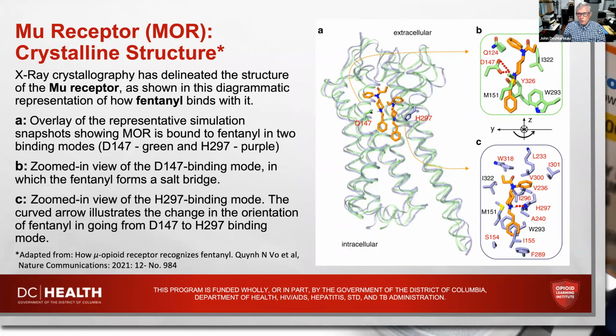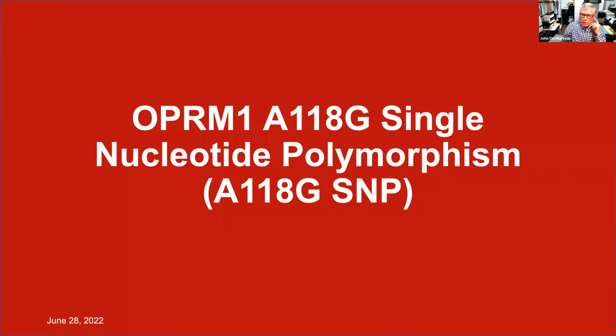And in this particular case, they're showing how fentanyl actually binds in the receptor. They have been able to demonstrate this to a level of detail at a molecular level, which I find intriguing and, well, quite exciting.